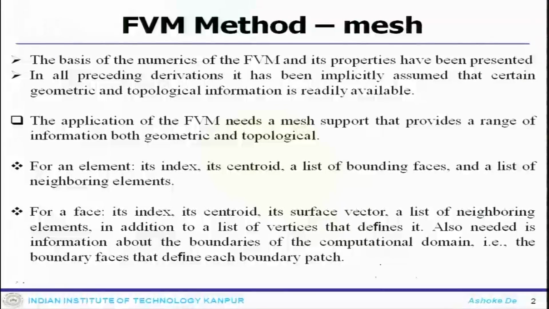As I said, the basics of the numerics of the finite volume method are already discussed, and in the previous lecture we have also discussed properties like consistency, stability and transportivity.